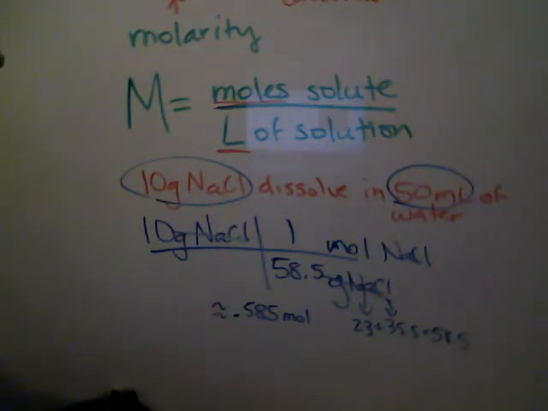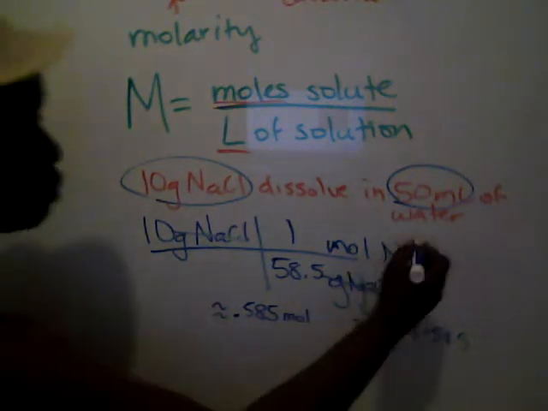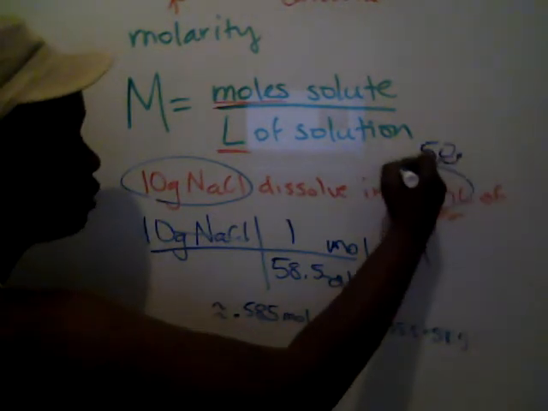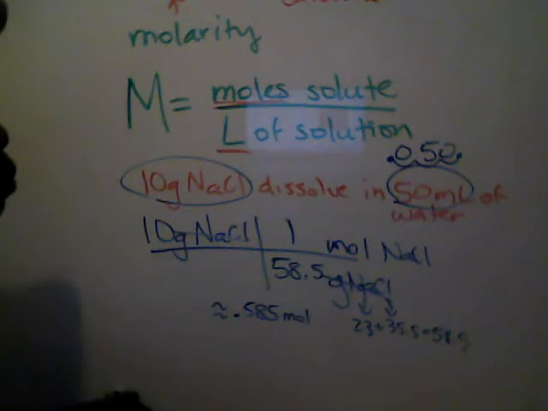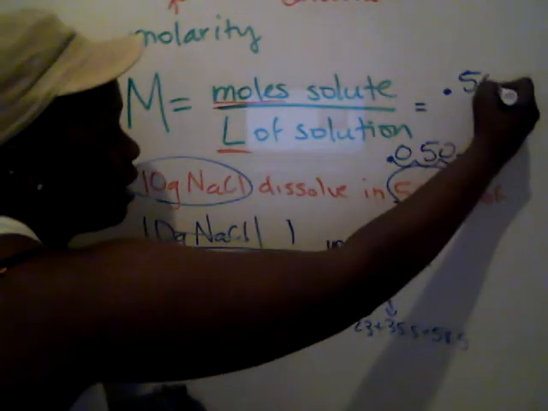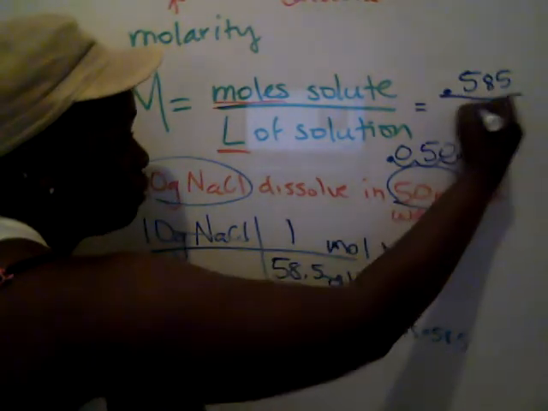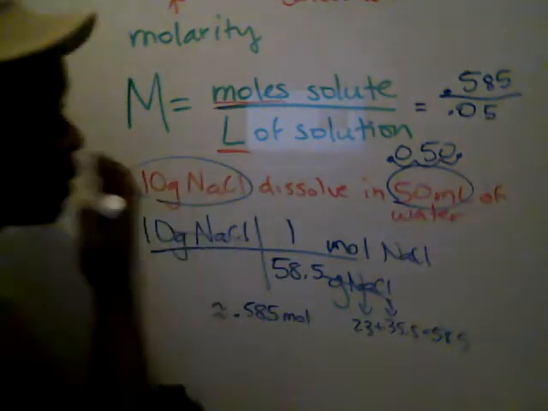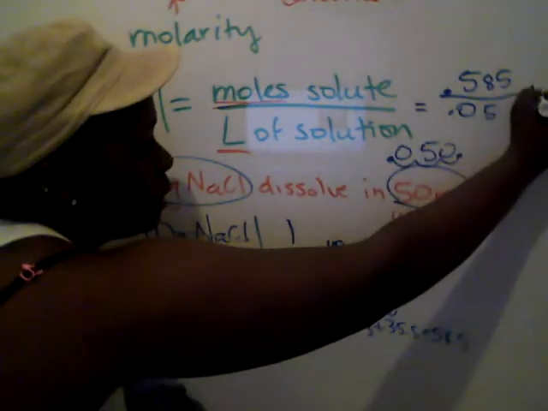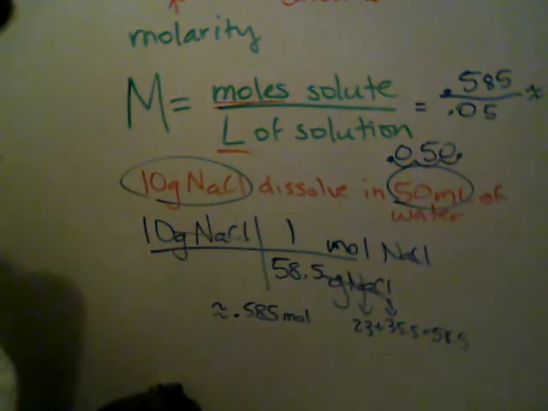Again, going from milliliters to liters, we move it 3 decimal places to the left. So if we're here, we go 1, 2, 3. So really it's 0.050 liters. So when we're doing our calculation, it would be 0.585 over 0.05. Okay? And if we divide that, probably about 10-ish.